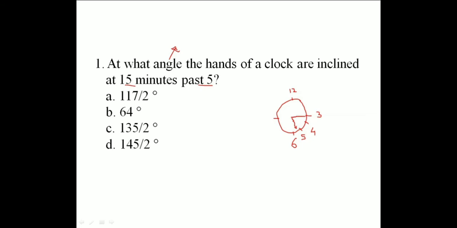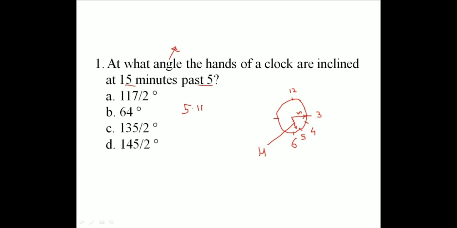So the time is 5:15 here, right? At 5:15, the hour hand will be in between 5 and 6, and the minute hand will point exactly at 3, which means 15 minutes.